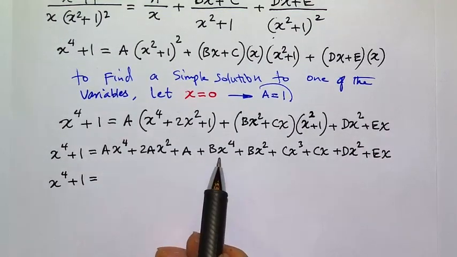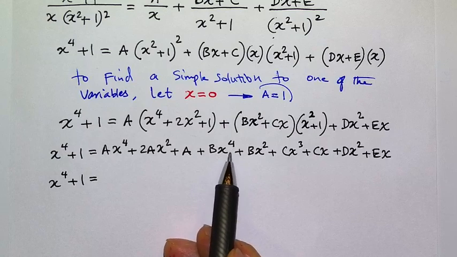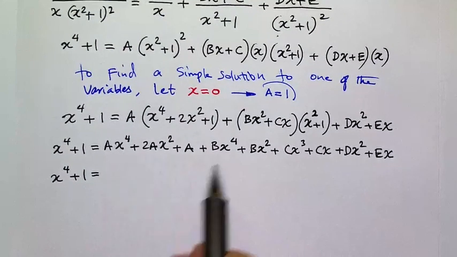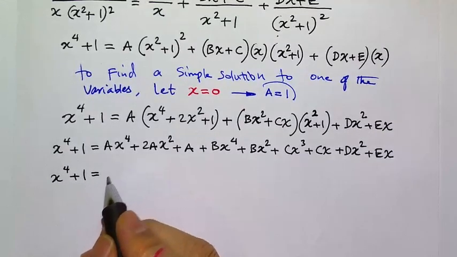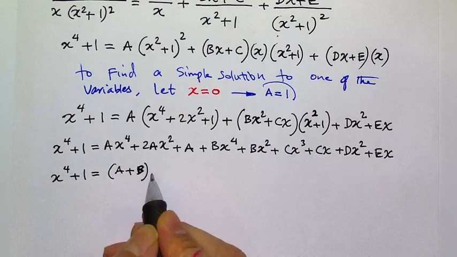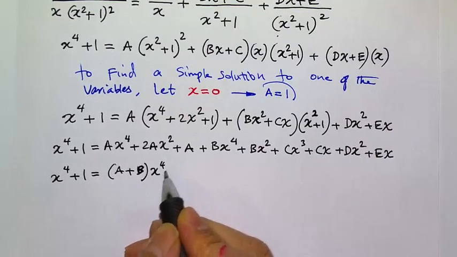So do we have x to the 4th? Yes, we do. So we have this term and that term. So we can write a plus b times x to the 4th.